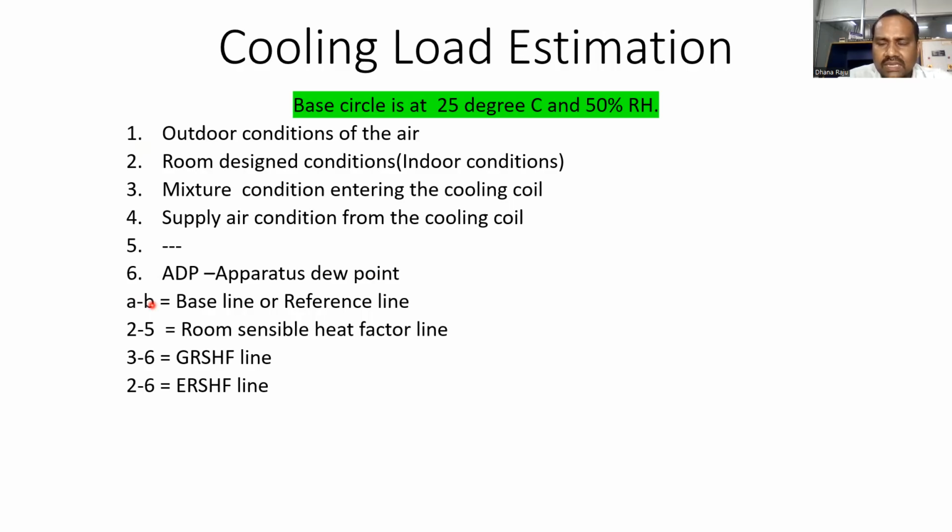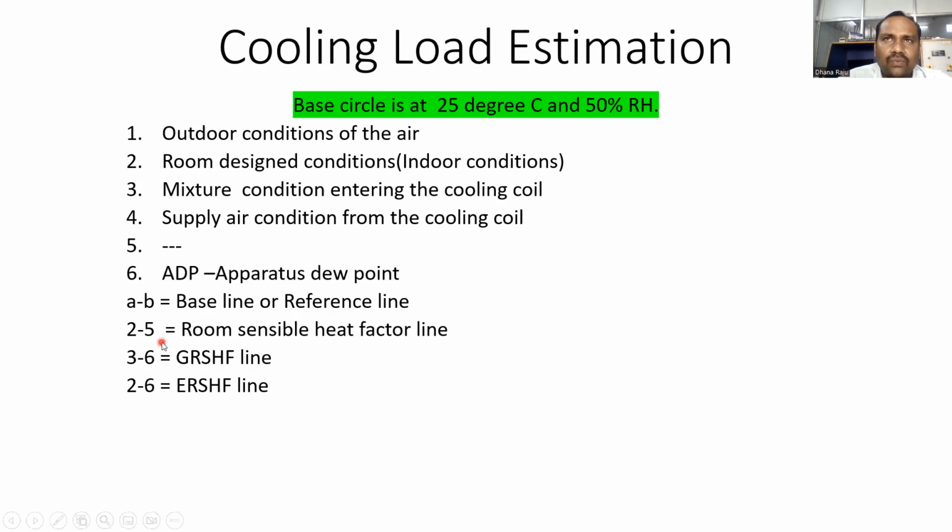Whatever value is obtained is assigned as A on the psychrometric chart. B is called the base circle or alignment circle. On the psychrometric chart, the base circle is at 25 degrees centigrade and 50% RH. So remember this value.